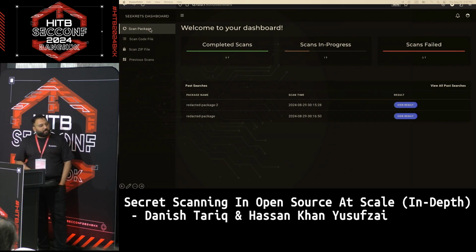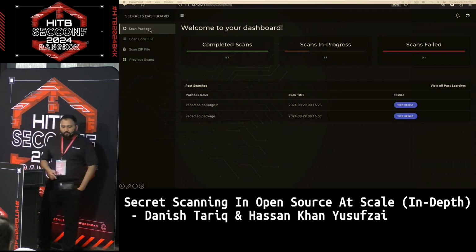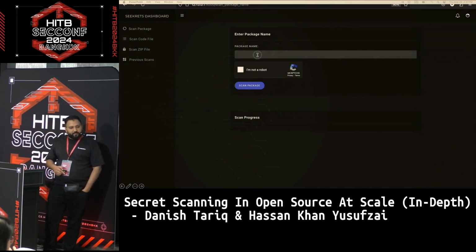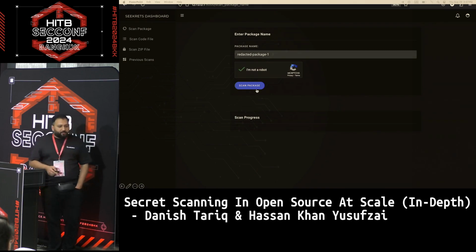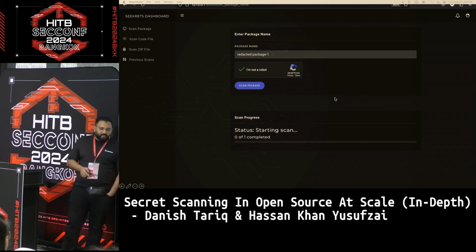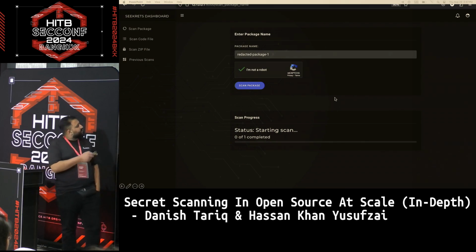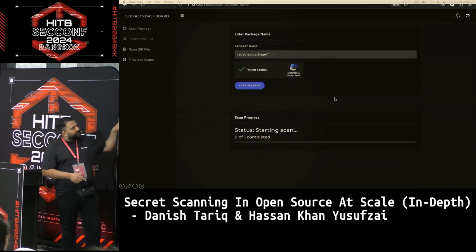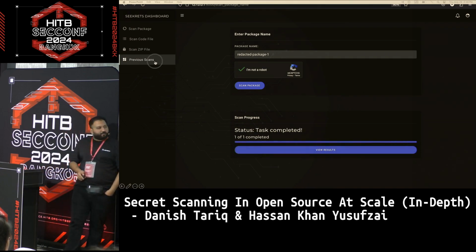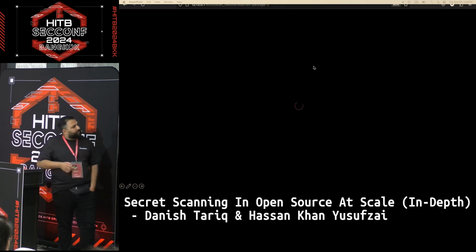It's a demo of our actual product, which would be public soon. For example, obviously we have redacted the names because of ethical reasons, and this is a sample redacted package that we scanned, and you would see results in a bit, depending on the size of the package or the file that you are scanning for secrets.